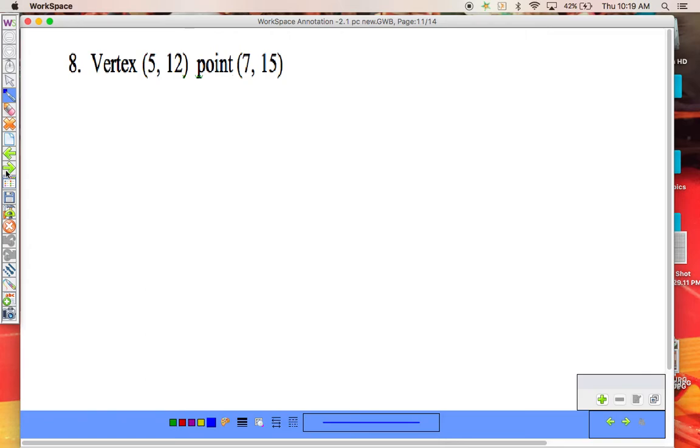All right, doing this again. My answer is going to be y equals something, parentheses, x minus 520 squared plus 12.